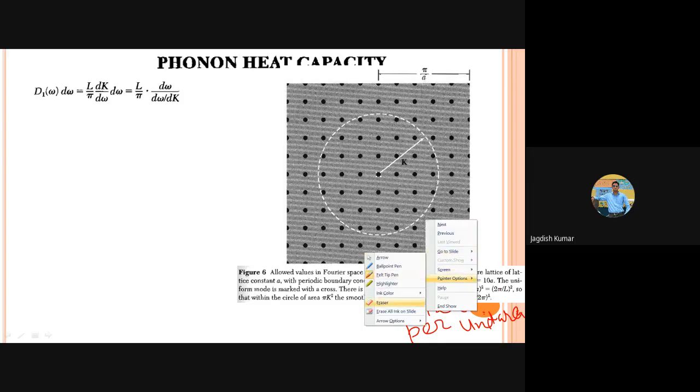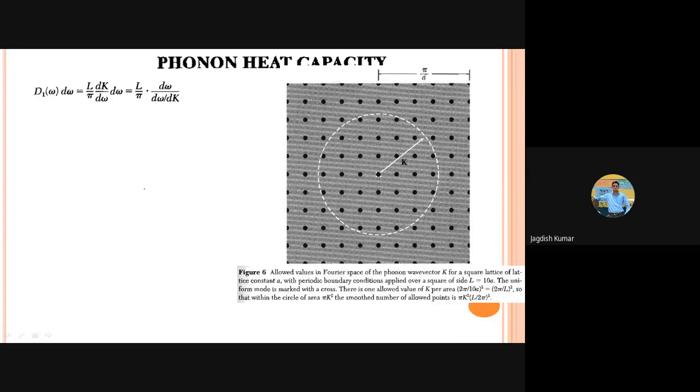So that will be 2 pi by a whole squared, isn't it? So per state, the area will be 2 pi by a whole squared. No, that's not going to be the area per state. It is 2 pi by N into a whole squared. That will give you the area per state.